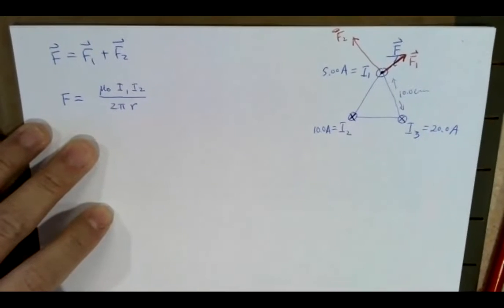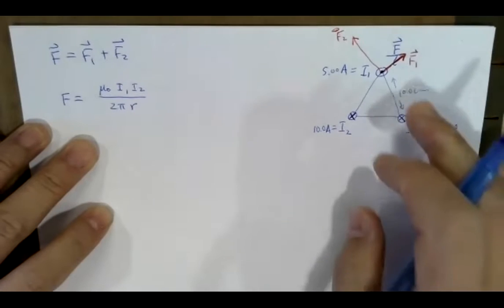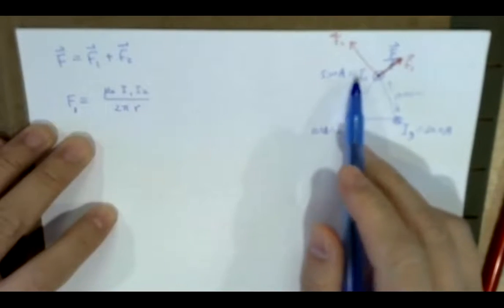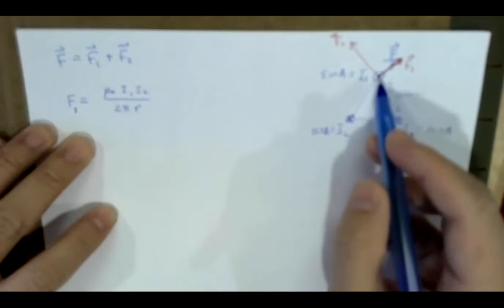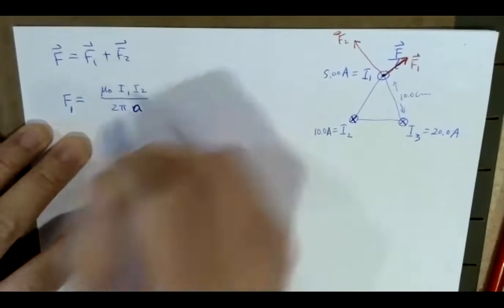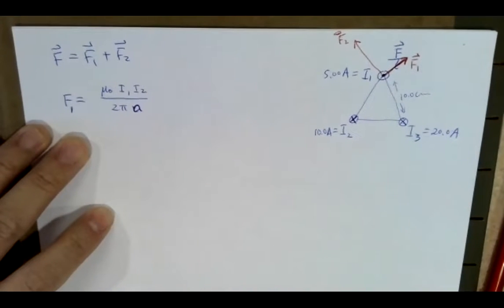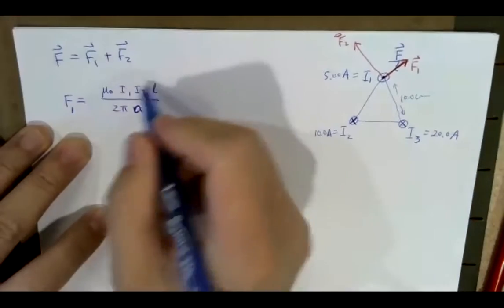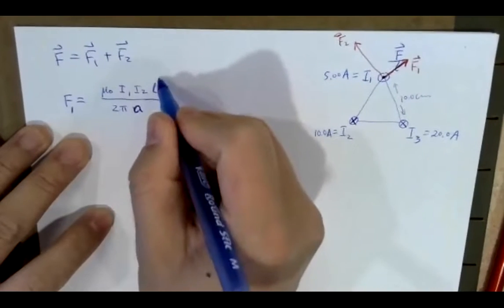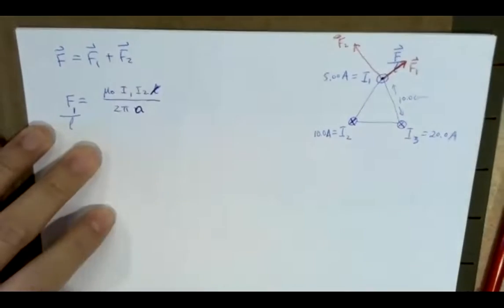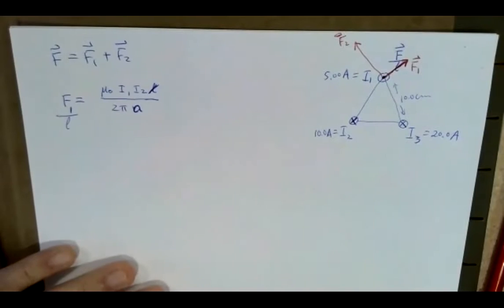So in this case, if we are looking for F1, just the magnitude of it, it should be mu naught I1 I2 over 2 pi times a, since r is the side of the equilateral triangle, and times L here, but L is 1 meter. I'm going to just put L over here, so move L to the left side, F1 over L. That's the magnitude we are looking at.